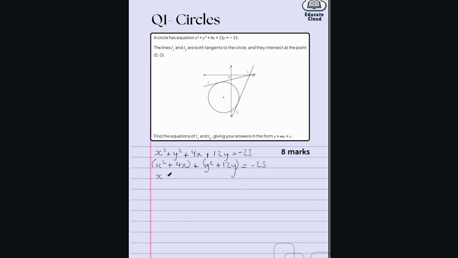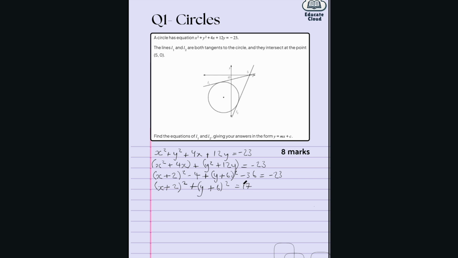Then we get (x plus 2) all squared, take away 4, remember you square half and take it away when completing the square, and (y plus 6) all squared, take away 36, which equals minus 23. We bring over the 4 and 36 and add them onto the minus 23, which gives minus 23 plus 40, which is 17.